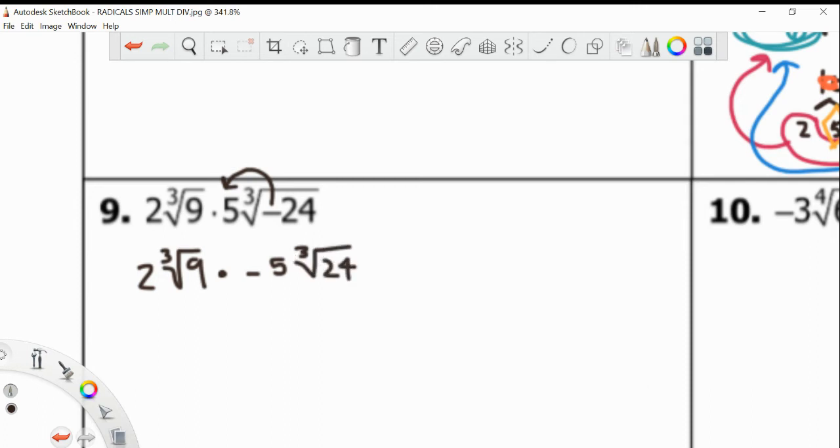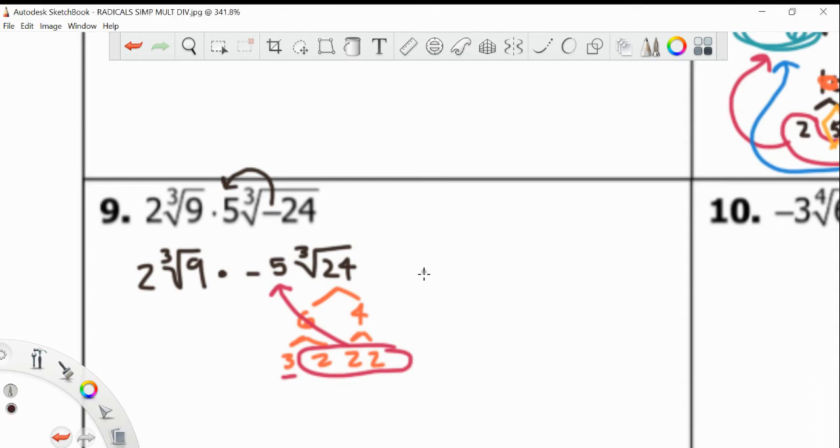And then we can simplify this by taking the 24 and breaking it up. 6 times 4, 3 times 2, 2 times 2. I need cubes. I've got 3 2s that are the same, 1 left over 3. The 2s need to come outside.